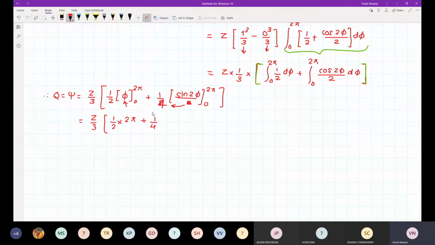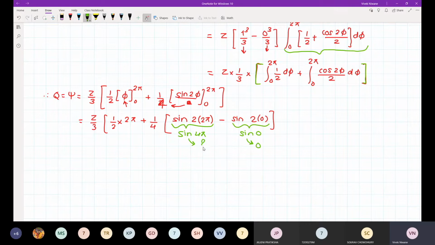Instead of doing it in my mind, let me write down everything over here. Sine of 2 phi, with phi equal to 2 pi, minus sine of 2 phi with phi equal to 0. This is nothing but sine of 4 pi, and this is nothing but sine of 0. We know that sine of 0 is 0.